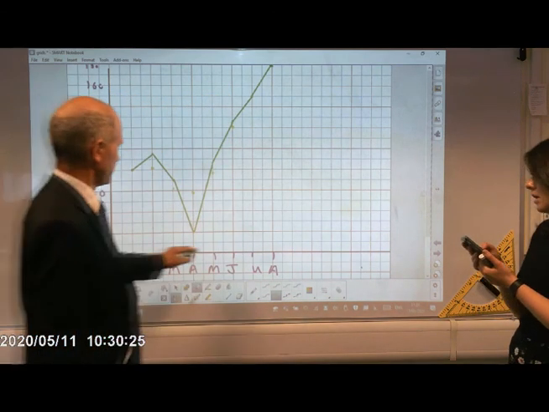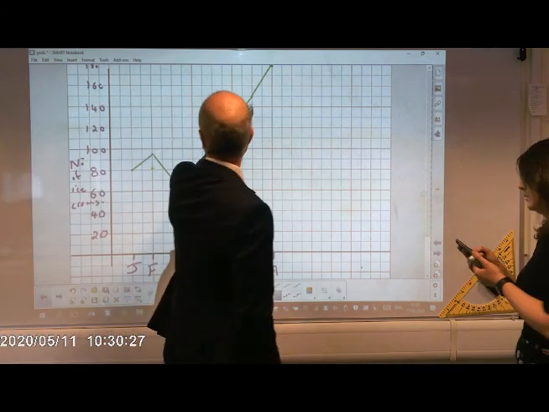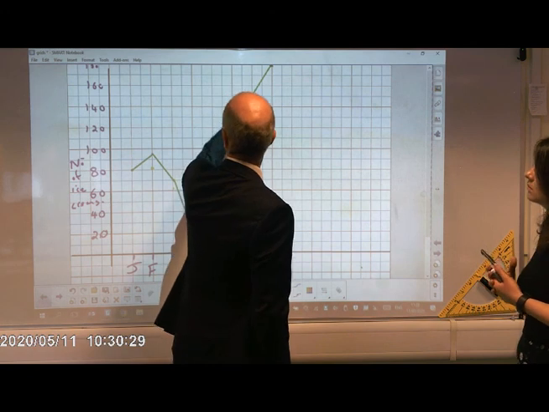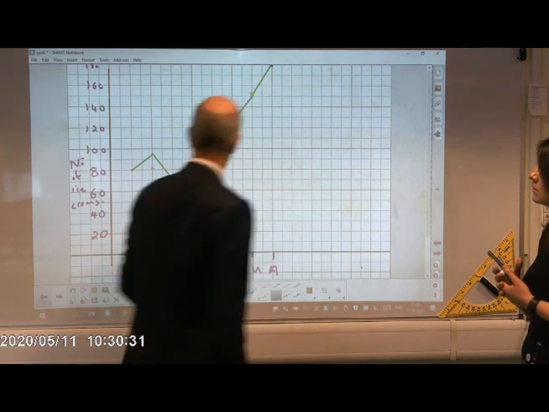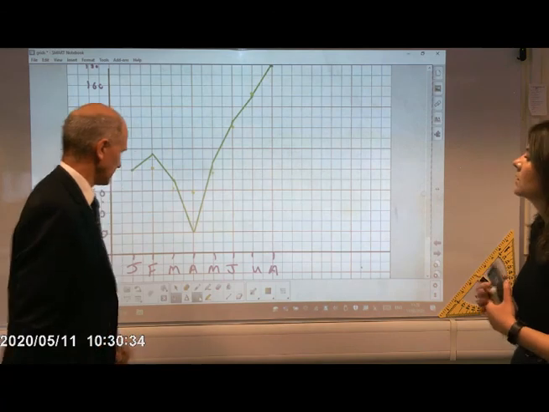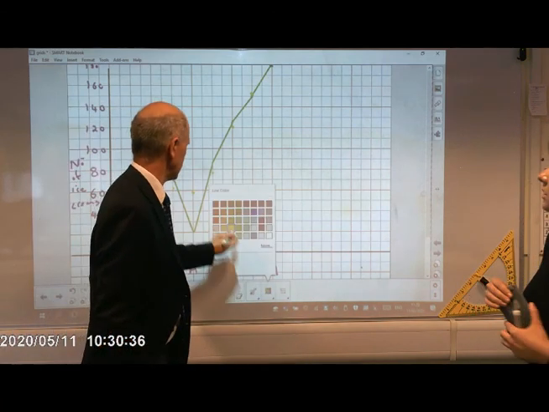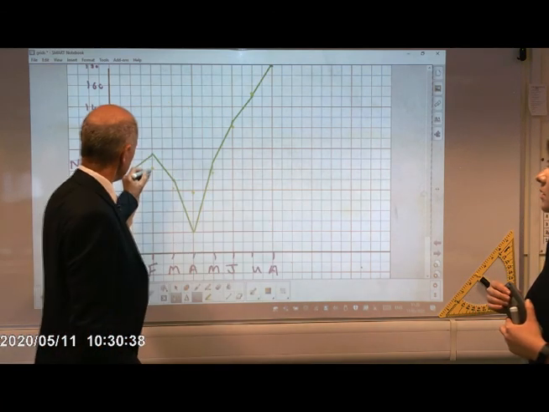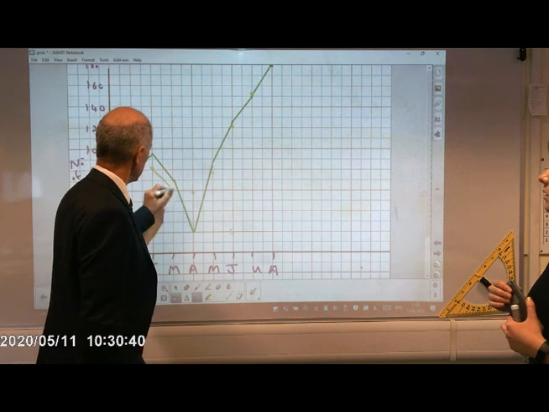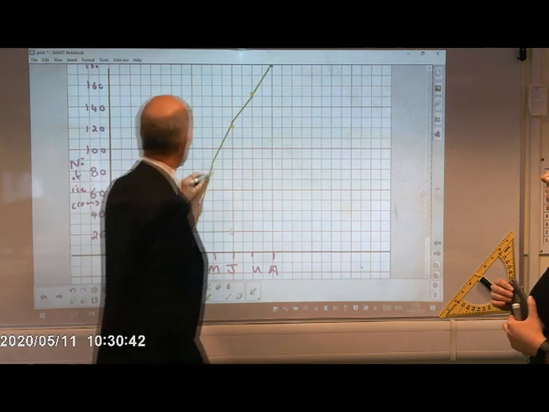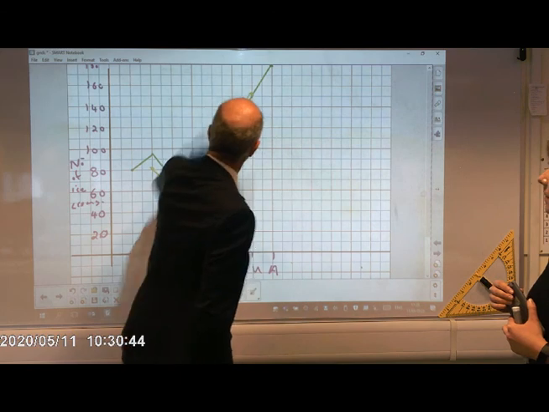And another one, 152. Okay. Now let's get some straight lines in. So I'm going to plot those with straight lines. So we go boom, boom, boom, boom, boom.